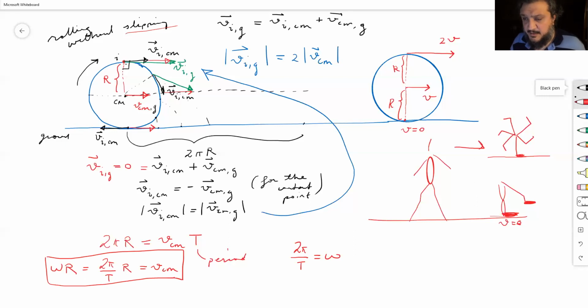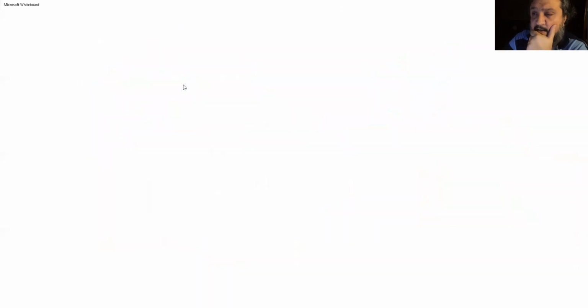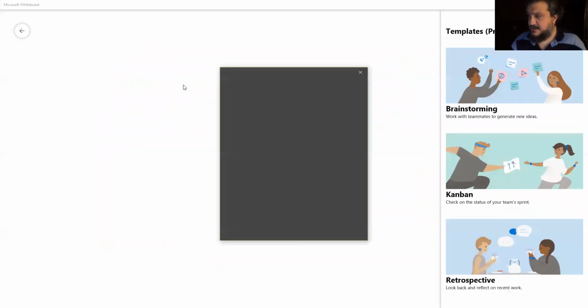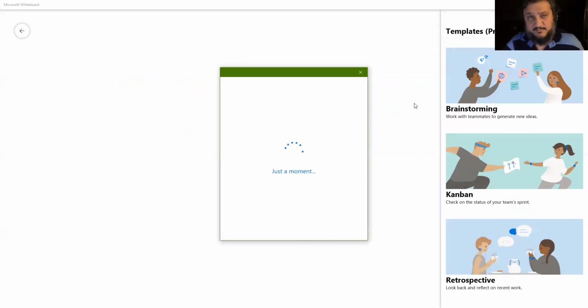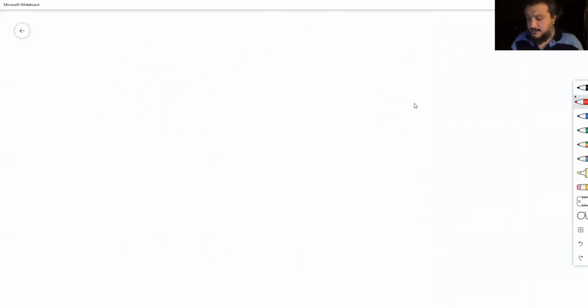So, how does this help us in solving problems? Well, it's the kinetic energy. Let me open up a new whiteboard here. Remember, the kinetic energy had 2 parts, one from translation and one from rotation.